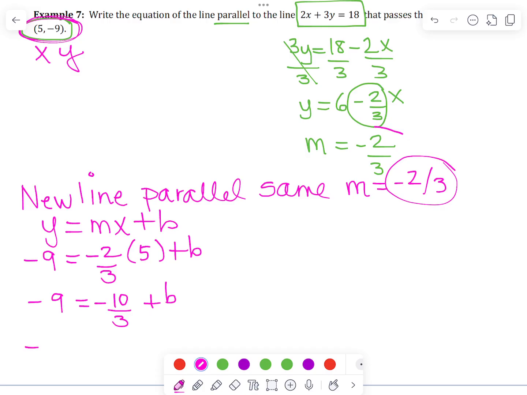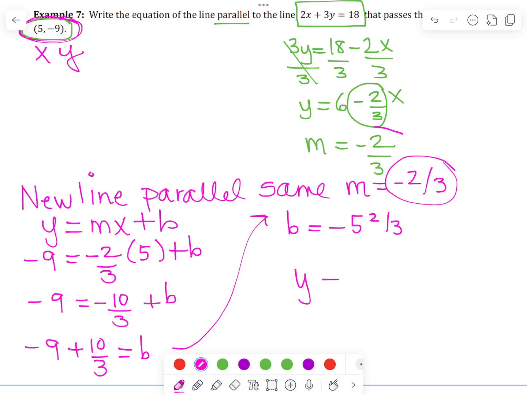Then we add -10/3 to the left side, and we get b to be -5 2/3. So our equation is y equals -2/3 x minus 5 2/3. That's the equation of the new line that runs parallel to the green line.